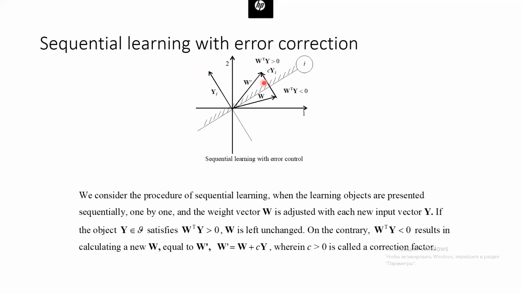We have some weight vector which we assume allows us to calculate to which class our object belongs. And we want to correct this weight vector in such a way that it gives us a more accurate prediction.